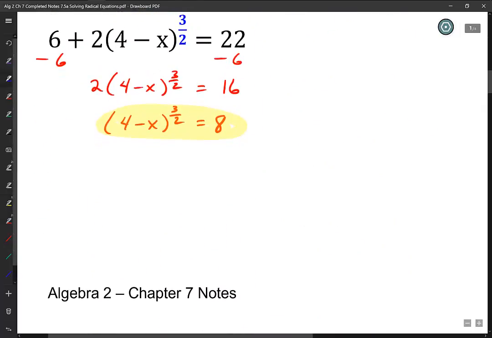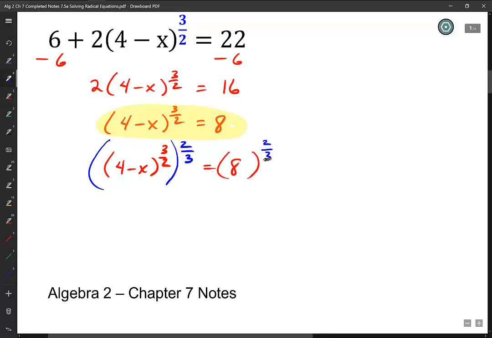By now you hopefully are very comfortable and see that you need to take each side to the reciprocal of the exponent. In that case, this reciprocal exponent is 2/3, and so that's going to equal 8 raised to the power of 2/3. You also see that raising that power to a power is going to cancel each other out because the 2/3 and the 3/2 are reciprocals.